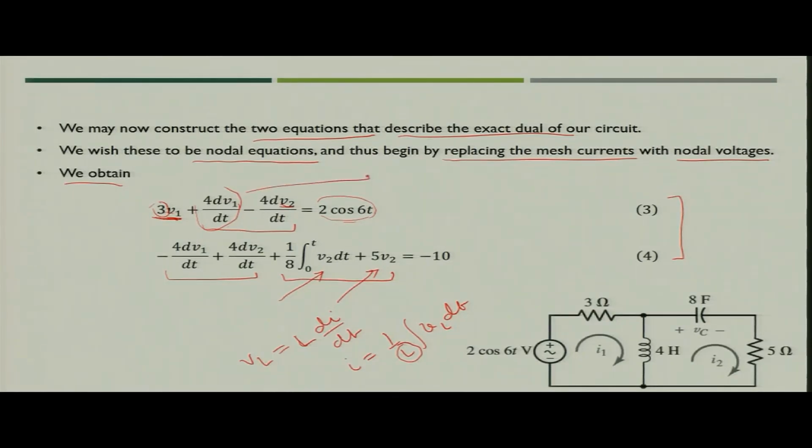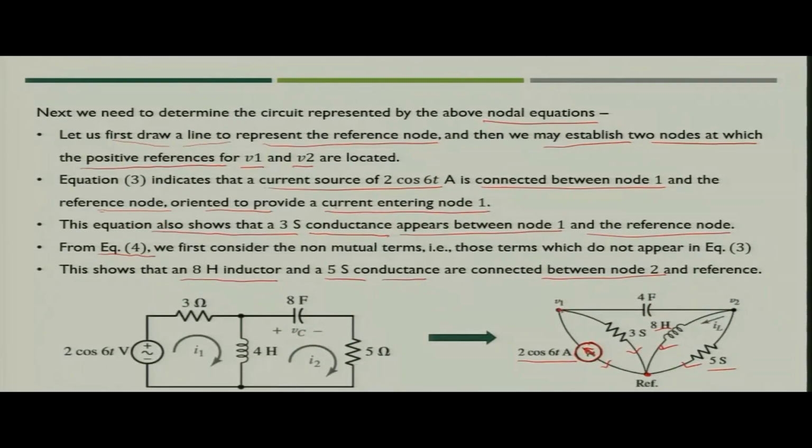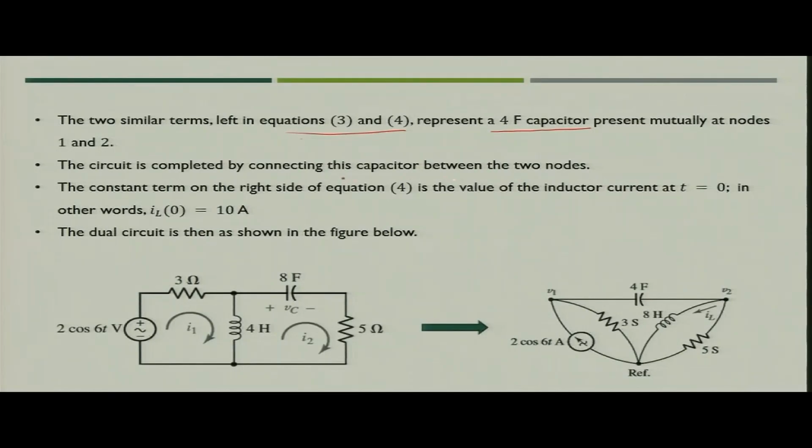If you correlate with the capacitor current, IC is nothing but C dV by dt. So, if you compare these two, this will be I1, this will be I2, and I1 minus I2 means the values which are connected between two nodes. So, finally, what we got is the capacitor which is connected between voltages V1 and V2. So, we connect the capacitor also, now having a value of 4 farad.